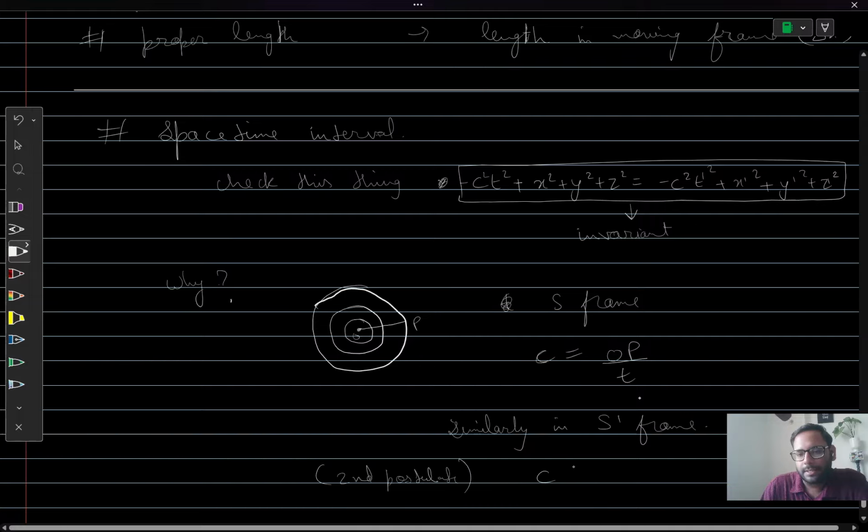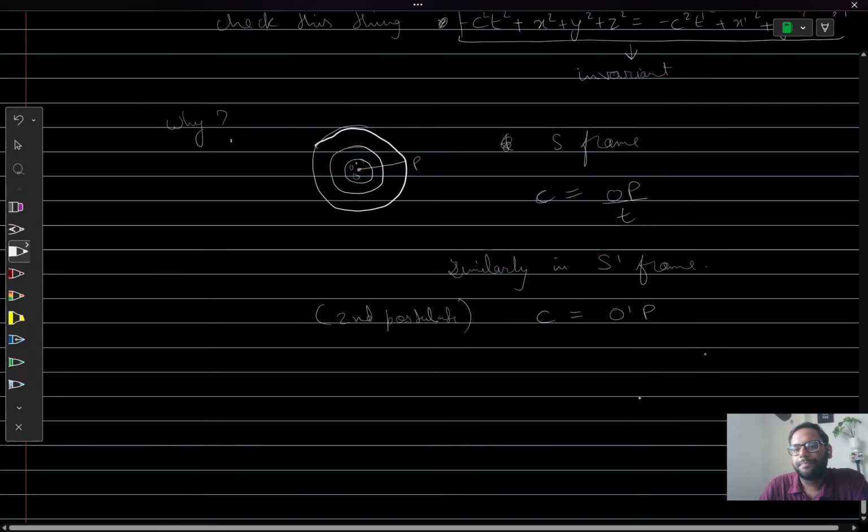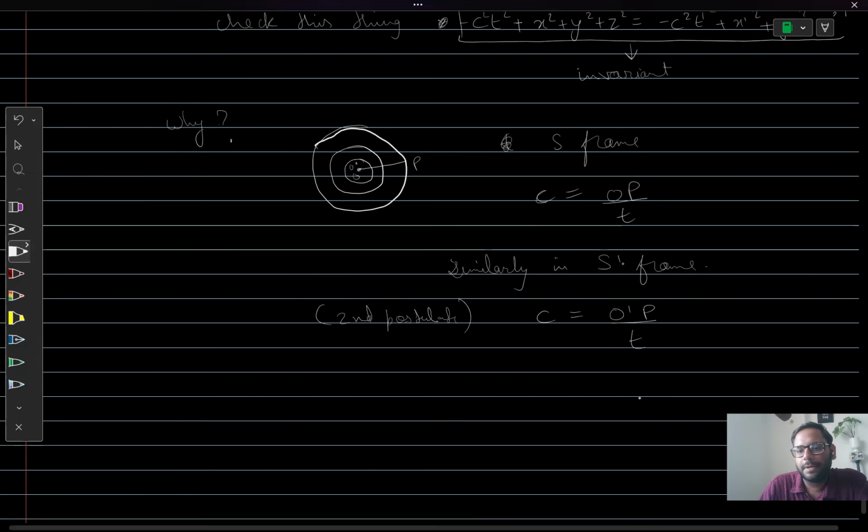It should be O prime P. I take the origin O prime in the S prime frame, and it is coincident. Again you can say it is similar, but in the S prime coordinates, with t prime, and it should be the same.